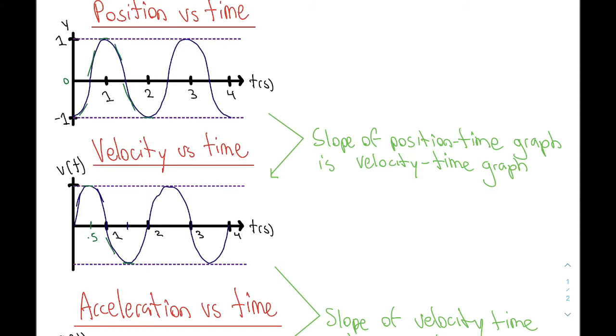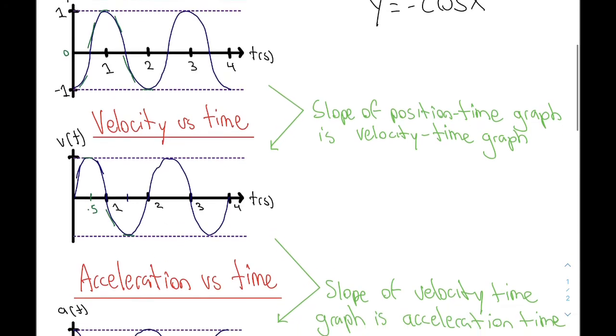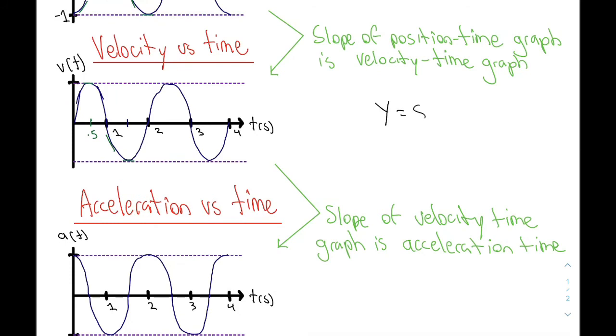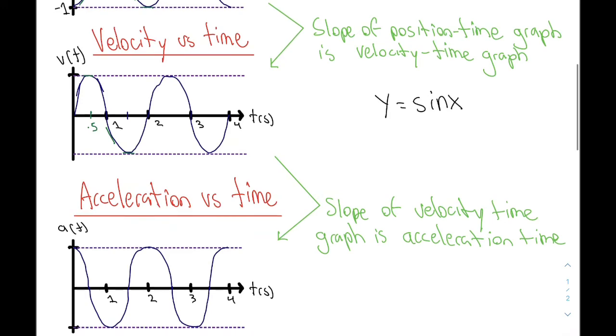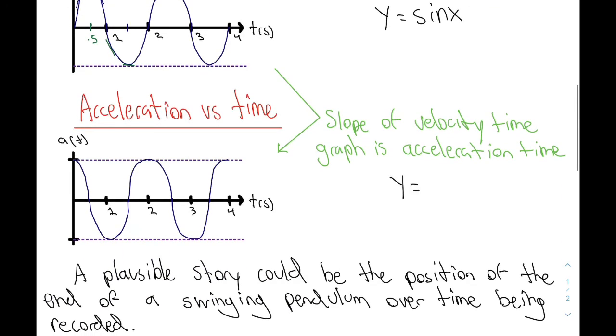We can also see that the graph of position versus time is similar to the graph of negative cosine, and conversely we can see the derivative of negative cosine is sine, the sine graph, which is representative of the velocity versus time graph, and the derivative of the sine graph is positive cosine, which is representative of the curves in acceleration versus time.